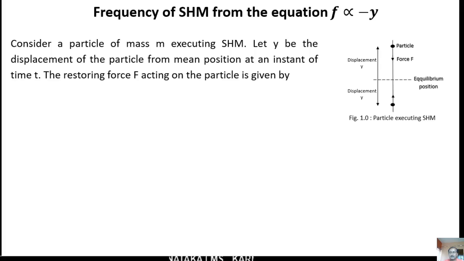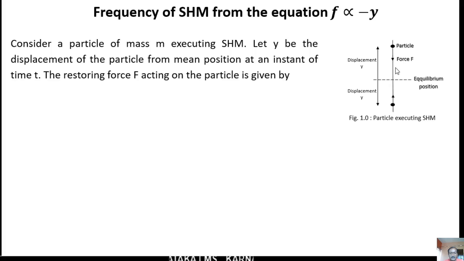Now, consider a particle. Friends, refer to the diagram on the right side of this slide. Let's suppose a particle of mass m is executing simple harmonic motion. Let y be the displacement of the particle from its mean position or equilibrium position at an instant of time t seconds.